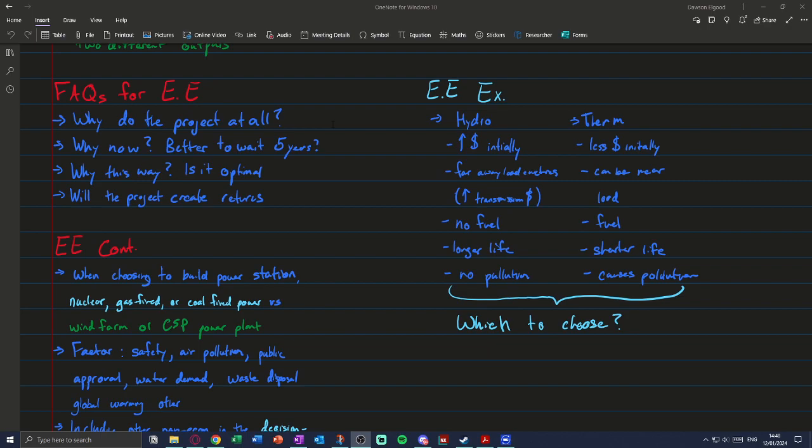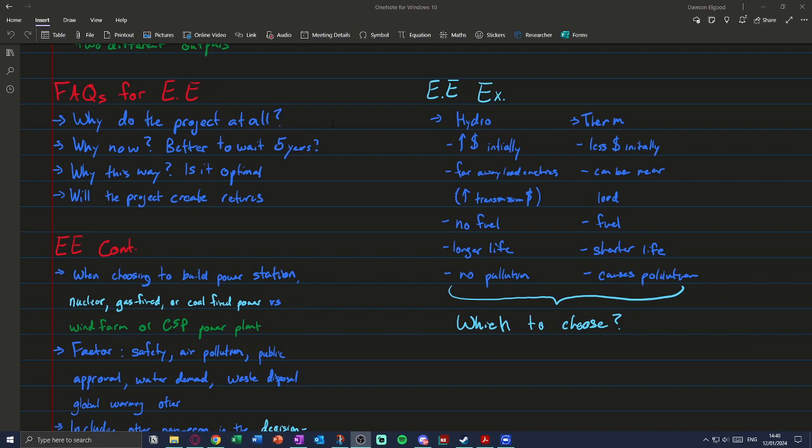Hydro doesn't take any fuel, but thermal does need fuel. A hydro plant is also going to have a longer life, as opposed to a much shorter life for thermal.